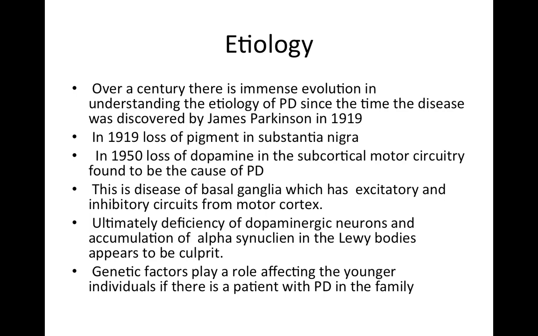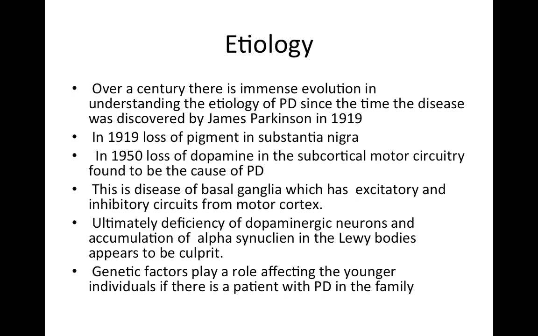It is said this is the disease of basal ganglia, which has excitatory and inhibitory circuits from motor cortex. That is, basal ganglia are the nuclei that are located in the subcortical region. Corpus striatum, globus pallidus, subthalamic nucleus, and substantia nigra constitute the basal ganglia located in the subcortical area.